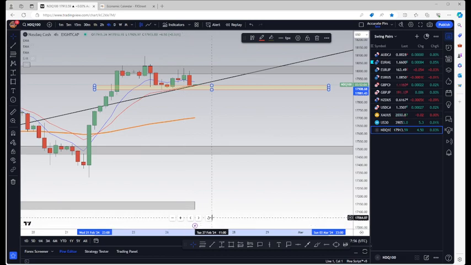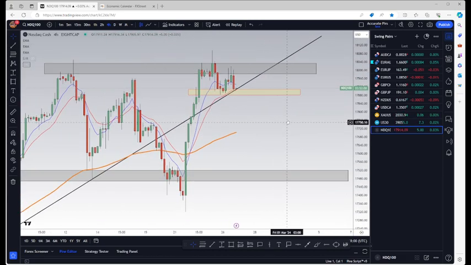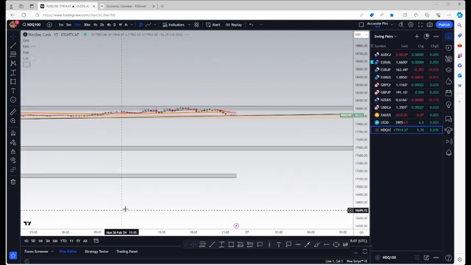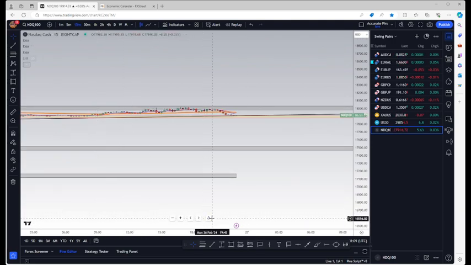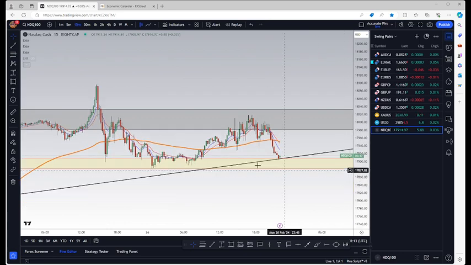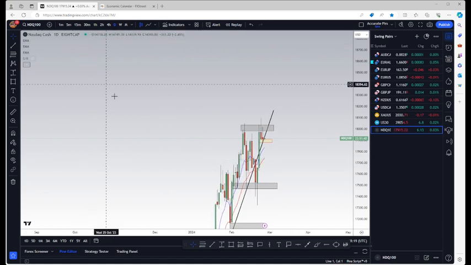You would want a break below that support level, 100%. Alright, cool. If you're going to sell Nasdaq, I probably would wait for the break of that support level. It's also respecting that trend line.